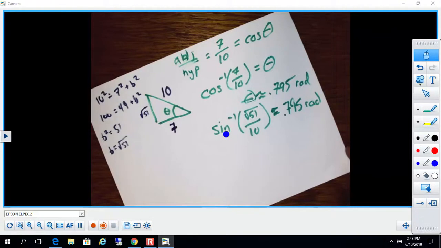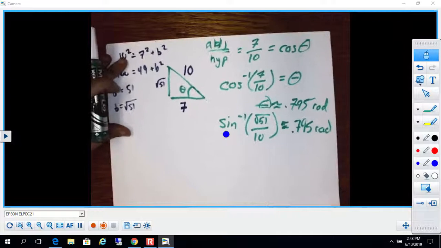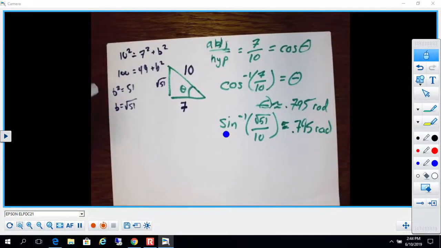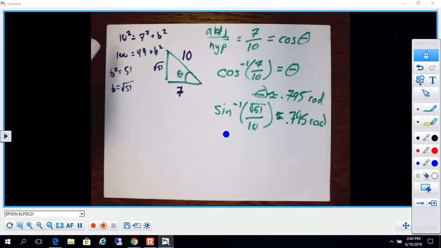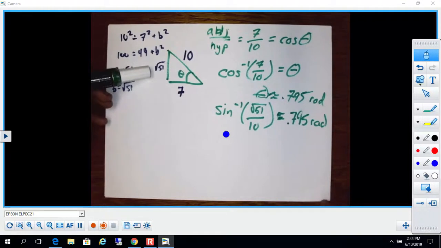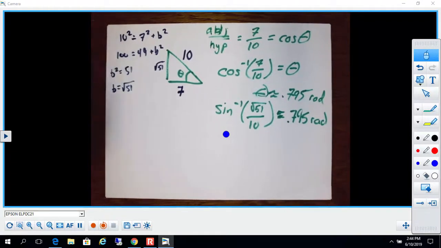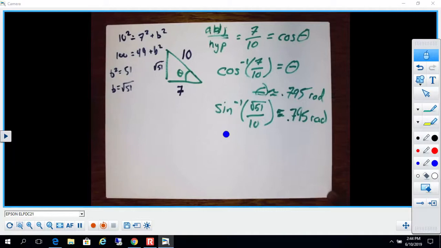How's that though? Because 7 squared is 49, not 51. So how would it be that we got the same? Well, we said this other side was the square root of 51, right? But 7 isn't a root of 51. You can't go 7 times 7 and get 51. You get 49.